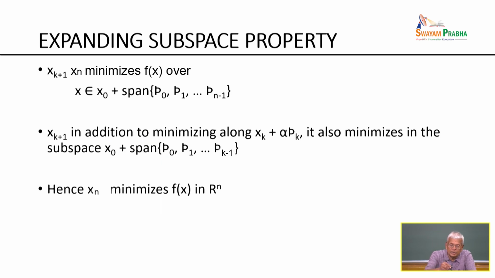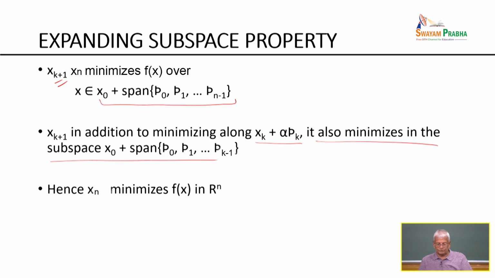That means x k plus 1 minimizes f of x over the subspace spanned by, that is what I finished talking about, I am trying to quantify that, x naught plus span of that. So, x k plus 1, in addition to minimizing f of x along the direction x k plus alpha p k, also minimizes along all the previous directions together.